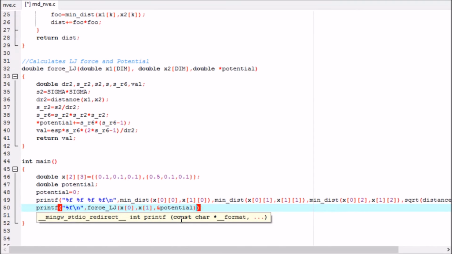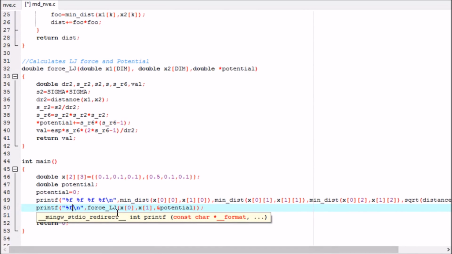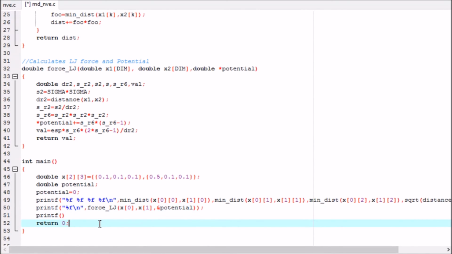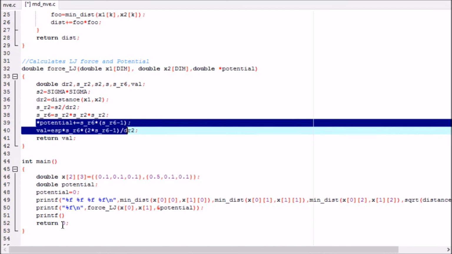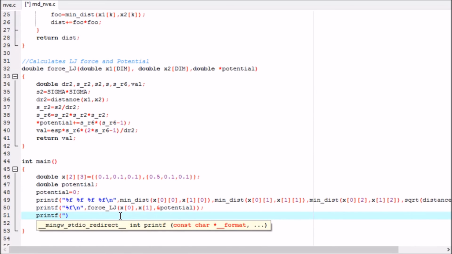So I'll give the address of potential, so that should pass the pointer value. Once the force function is calculated, the value of potential will be updated because we are updating it here. So after the printf has been run, we have the value of potential in the variable called potential in our main function. So we'll just print that.